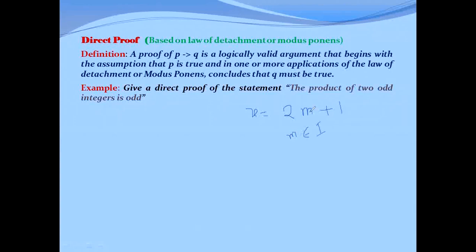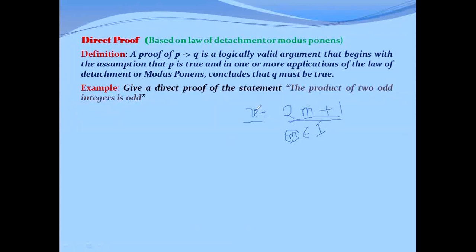If m equals 1, then 2 into 1 plus 1 is 3. If m is 3, then 2 into 3, 6 plus 1, is 7. If m is 4, then 2 into 4, 8 plus 1, is 9. So for any integer value, this formula gives us an odd integer. So we can write any odd number in this form, where m belongs to the integers.